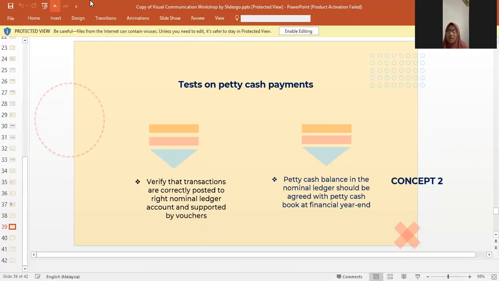Firstly, verify that transactions are correctly posted to the right nominal ledger account and supported by vouchers. This will include checking that transactions are valid and coded to the correct expense category. Second, the test on petty cash payments is to ensure that the petty cash balance in the nominal ledger agrees with the petty cash book at the financial year end.